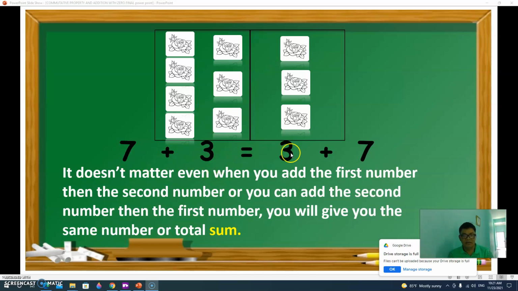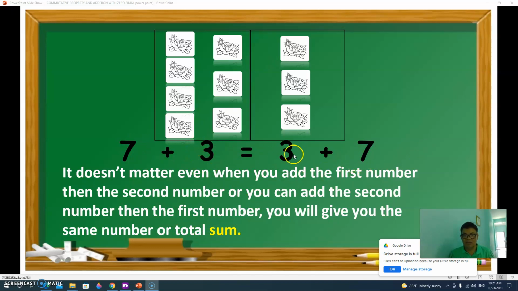If you add 3 and 7, the answer is 10. You can add the second number then the first number, and it will give you the same total sum. The answer is the same even if you change the order.